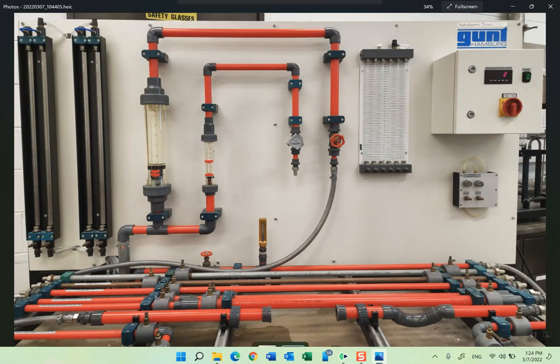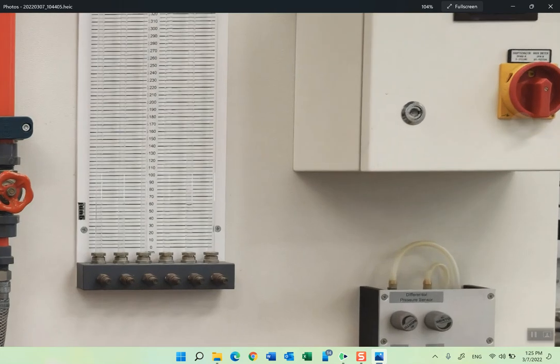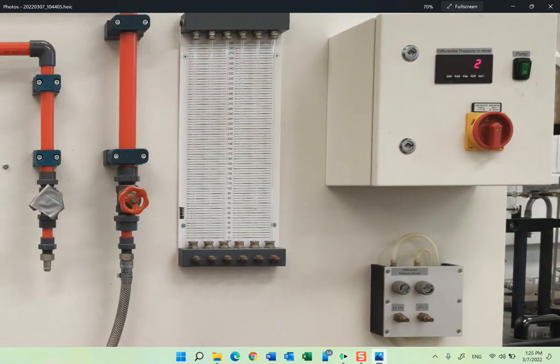For example, let's say that we are going to use the Venturi Tube. We will insert it in this position. We will open the pump to allow water to pass through the device. Then we will connect two hoses coming from the Venturi Tube to this point here and this point here.